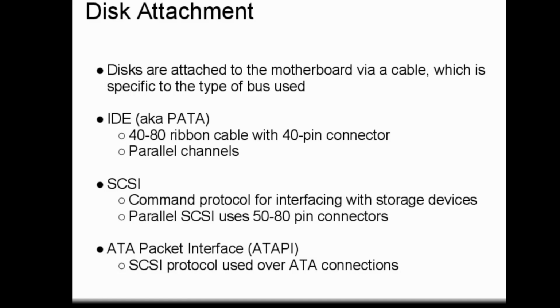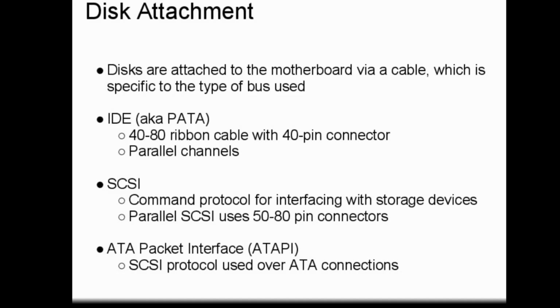This has since been backronymed Parallel ATA, or PATA, but consisted of a 40 to 80 wire ribbon cable connecting to a 40-pin connector to provide 40 simultaneous parallel channels of communication between the motherboard and the hard drive. Enterprise-level systems of that time period typically used SCSI, or Small Computer System Interface buses, which consisted of cabling of 50 to 80 pin connectors between the hard disk and the motherboard.